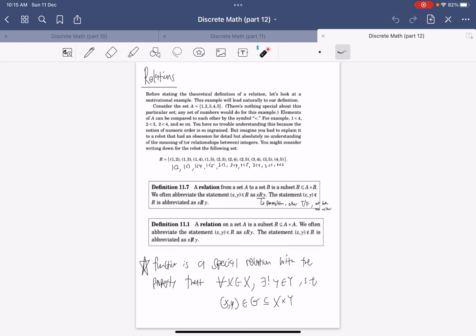And so, this example above, where 1 is less than 2, 2 is less than 3, is actually the relation set on, it's just a relation where it represents the less than symbol on the set of 1, 2, 3, 4, 5.